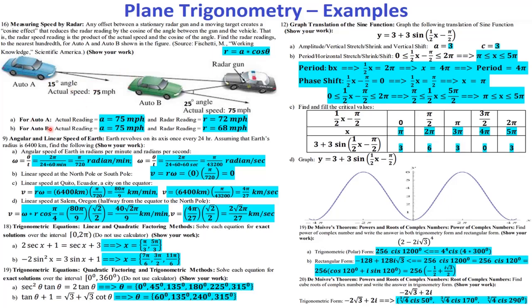Then the actual speed is 75, and the reading of the radar is 75 cosine 15 degrees for the first car, and 75 cosine 25 degrees for the second car. Then for car A it is 72 miles per hour, for car B it equals 68 miles per hour.